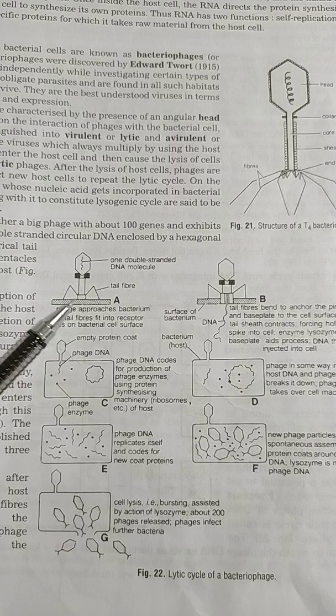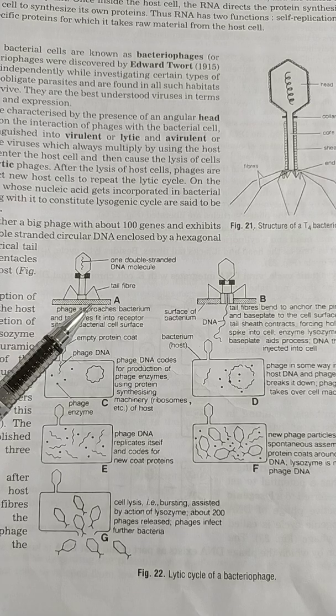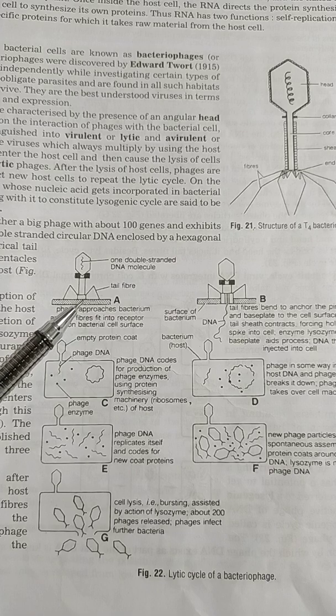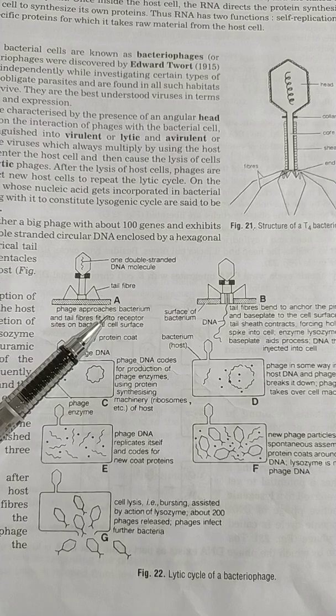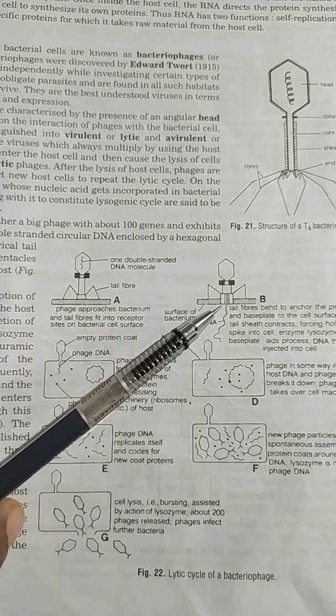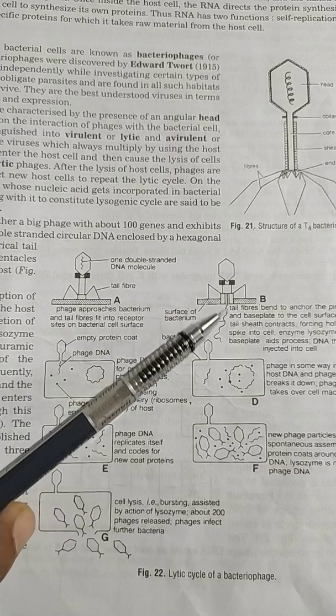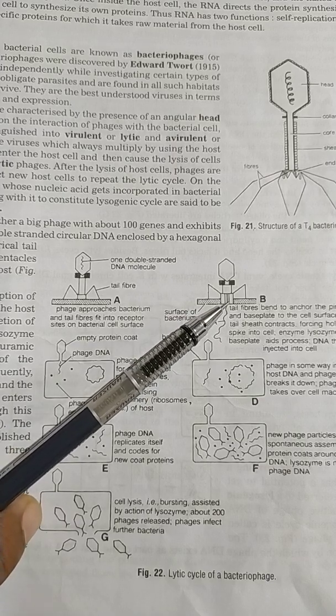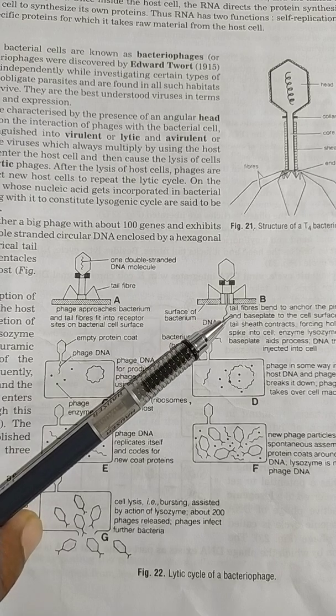It secretes lysozyme on the outside of the host cell wall, which hydrolyzes, or dissolves, the muramic acid peptide complex. This is dissolved and the bacterial cell wall is broken from here. Here you can see a minute pore that has been created by the breaking down of the host wall.